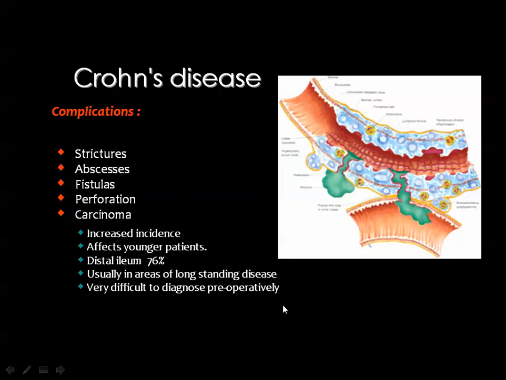And here is a list of the complications of Crohn's disease all through the bowel, starting with the stricture, then the formation of abscesses in the area adjacent to the affected bowel loop, also fistulous communication between the adjacent bowel loops, or between the bowel loops and the bladder, or between the loops and the skin, also intestinal perforation, and the intimate relation of Crohn's disease to the development of carcinoma of the small bowel.